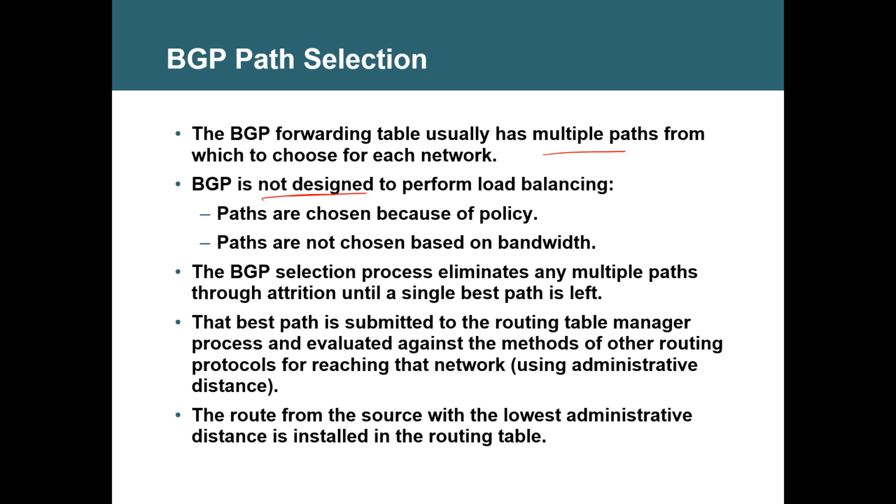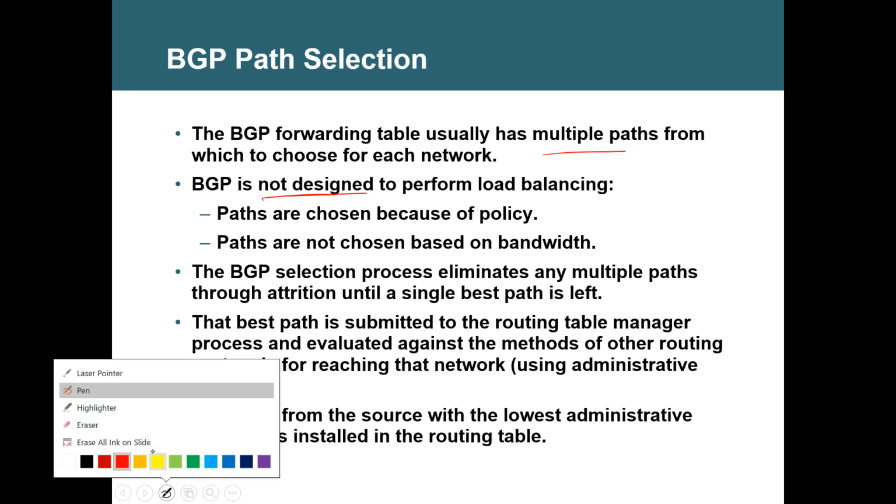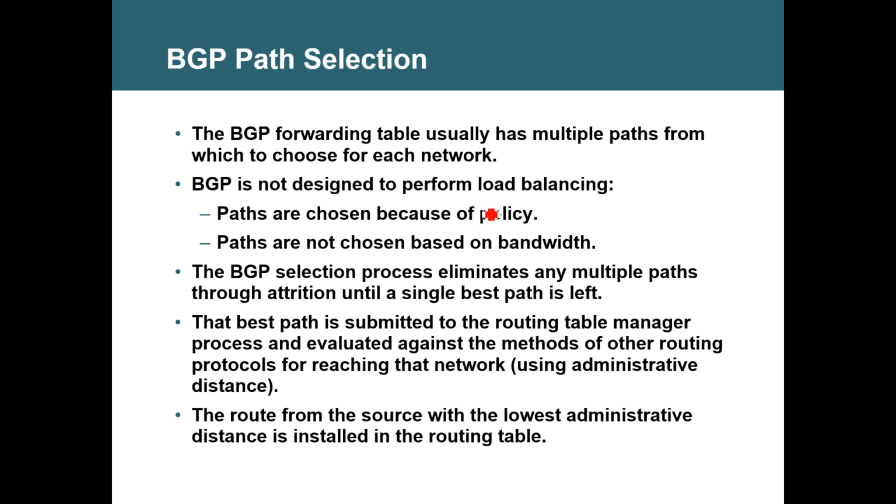The physical link may have that bandwidth, but the subscription limit, the burst value, the committed information rate may not be the same. So BGP will never perform load balancing for us. It will only check the attributes and pick one best path by eliminating all the other paths using the attributes.